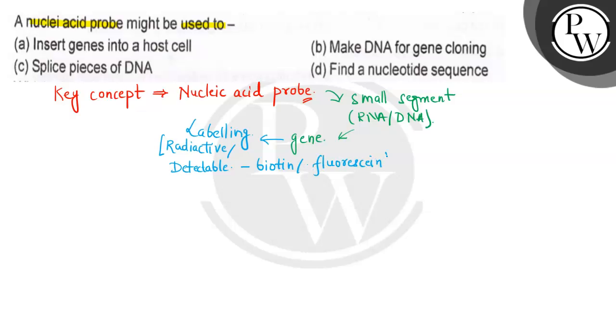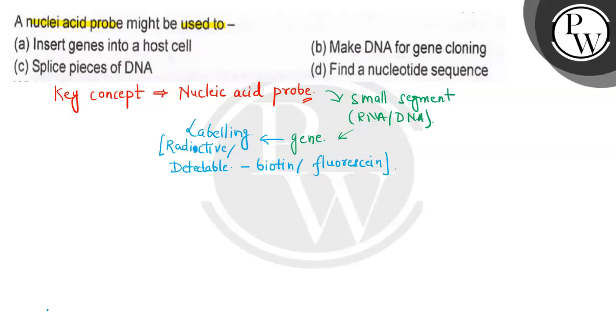Okay, so what we are doing here, we are basically taking the small segment of the RNA and DNA that is corresponding to a particular gene segment, and we are labeling it with the help of either a radioactive substance or with the help of a detectable substance. Either it could be a biotin or fluorescent or many more.